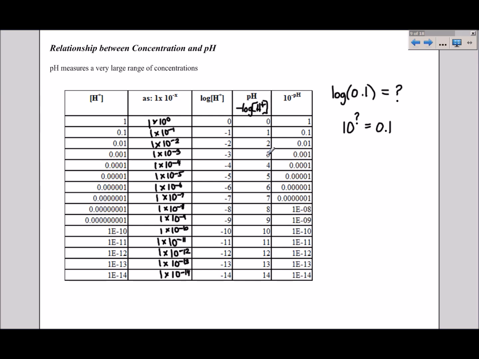Now this covers a really wide range of concentrations, and that's really important to note, because although we might think, oh, we've only moved 1 unit on the pH scale, there's actually a large difference between the concentrations of the H plus ions in the solution.